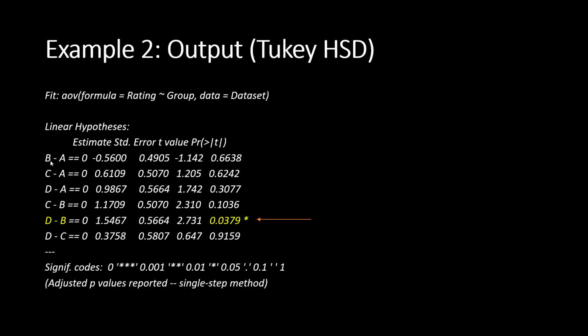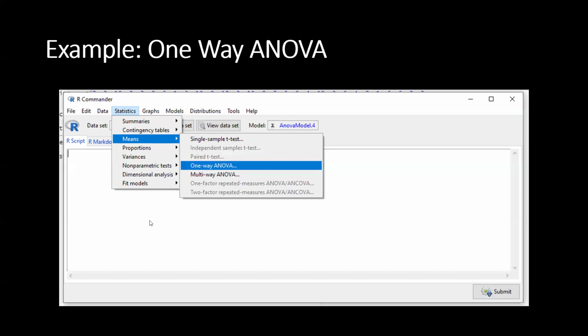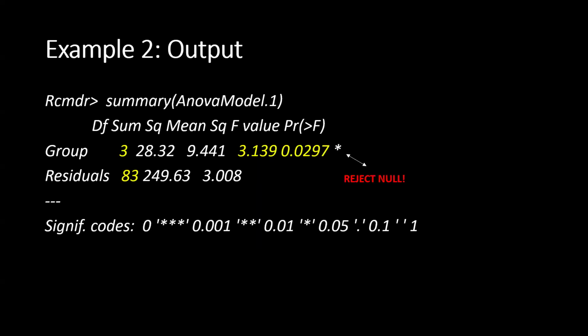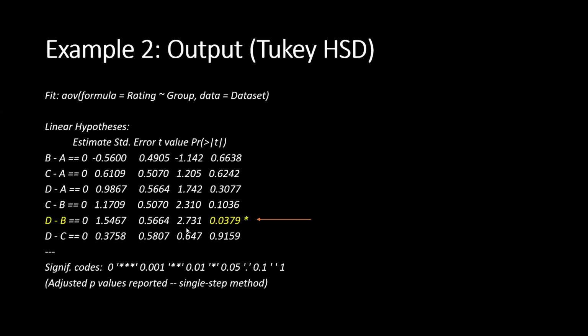So this is, remember, A versus B, A to C, A to D, B to C, B to D, C to D, as it was in this slide. So we know there's differentiation. This output will indicate to us where the differentiation was.